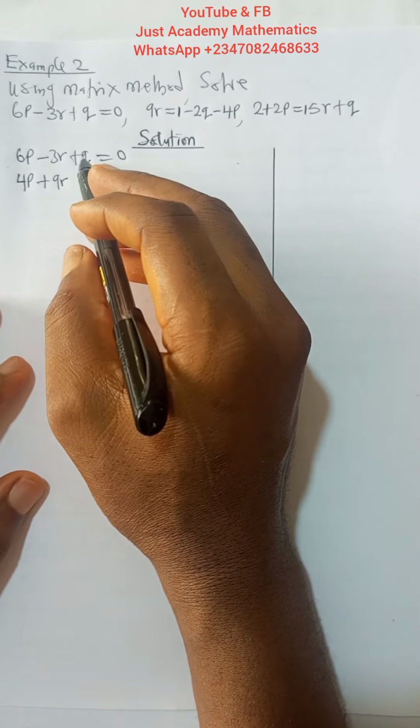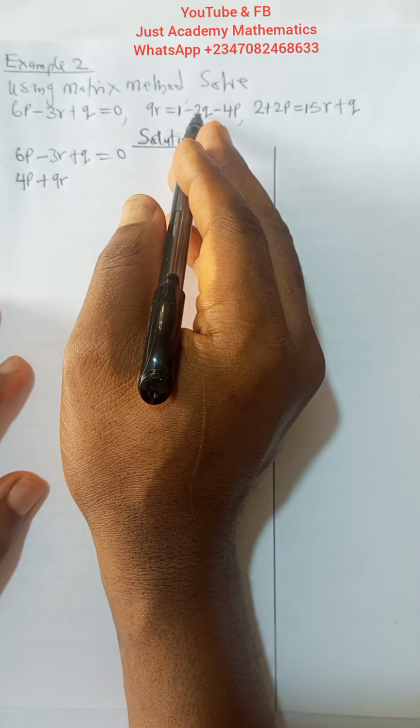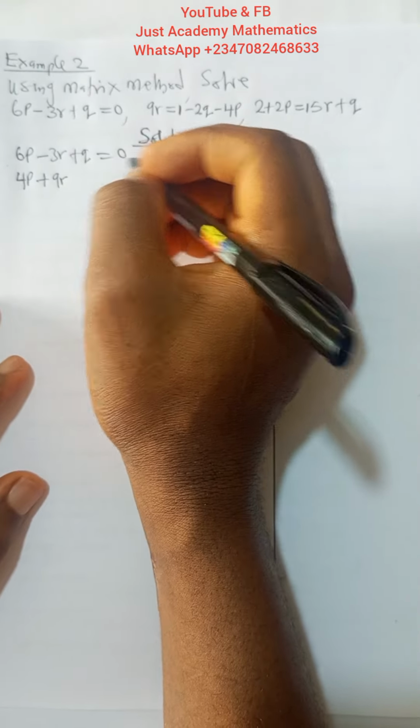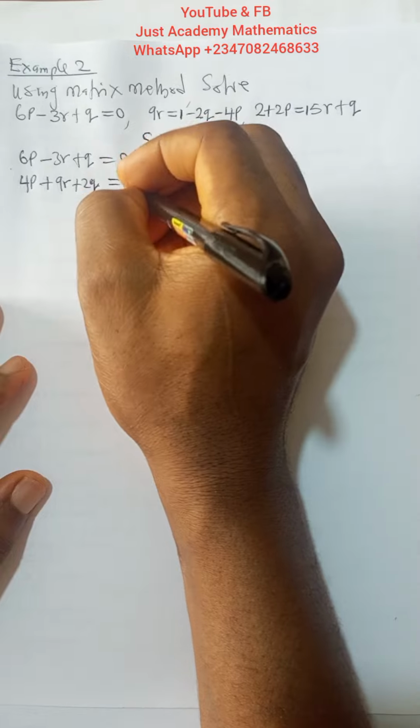Since we arranged the first one like this, if minus q comes back here, it becomes plus q. That is plus 2q equals 1.